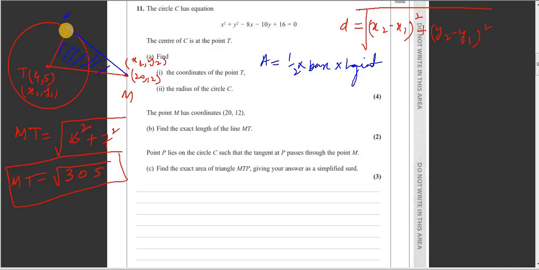And if you recall a circle theorem, this is one of the theorems: the tangent is always at 90 degrees with the radial line or the radius. This angle must be 90 degrees. That means this is the hypotenuse. So we can use Pythagoras theorem to figure this out.